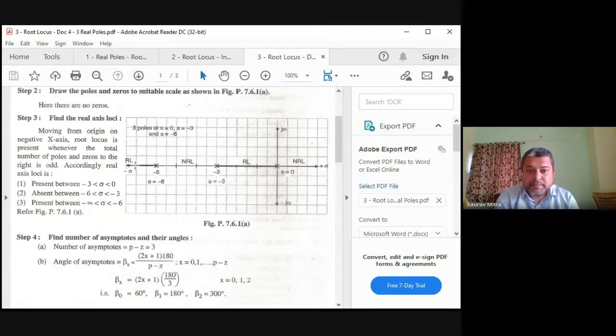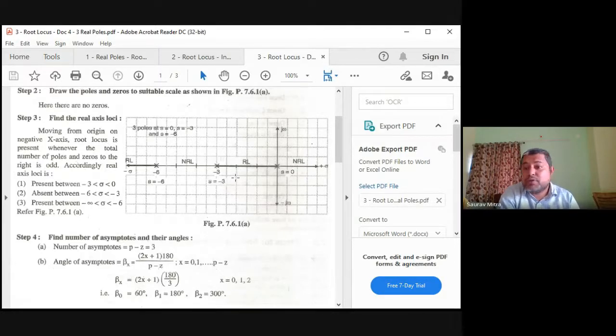Next, find so this -6 is an absolutely stable root locus, because if you are increasing the value of k, this -6 will keep on traveling towards -7, -8, -9 up to -infinity. Why? Because there is a 0 hypothetically at -infinity. So this -6 root, which is at k is equal to 0, this will get finished at 0, which is kept at -infinity. So this is an absolutely stable pole.